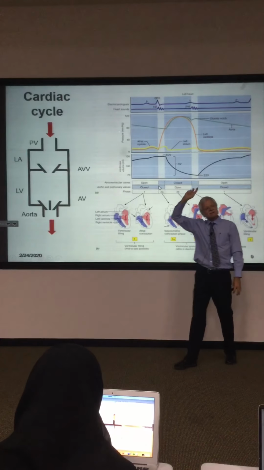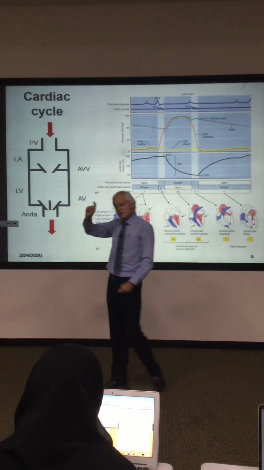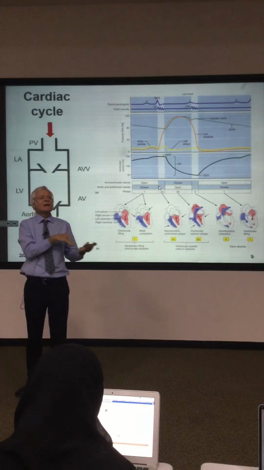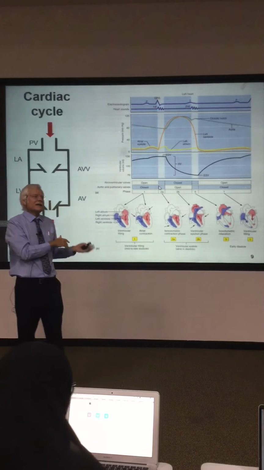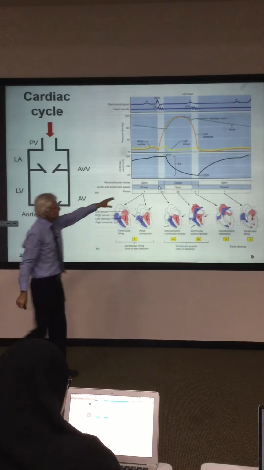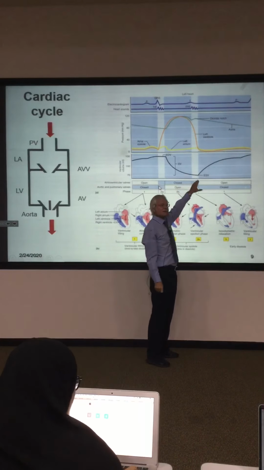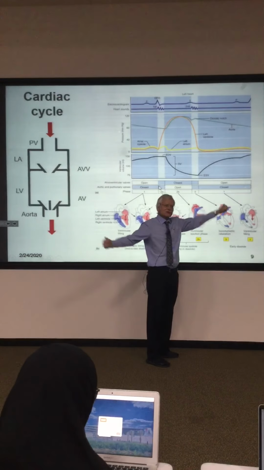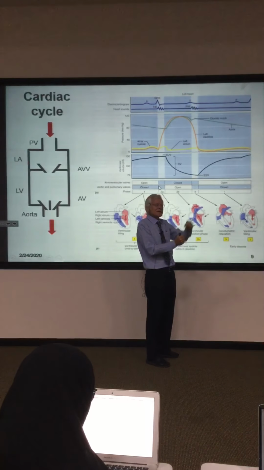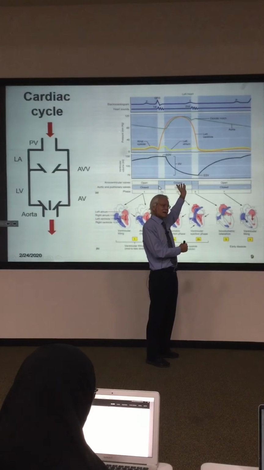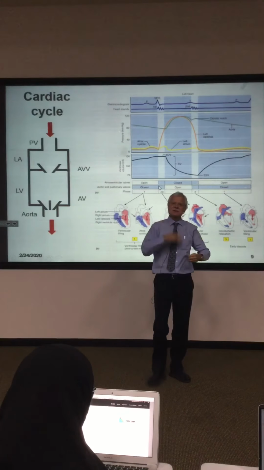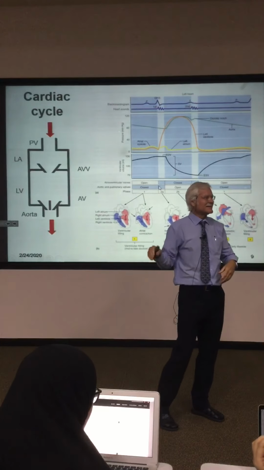So the end diastolic volume, remember, is the volume of blood after the filling stage, and the end systolic volume down here is the amount of blood that's left at the end of the contraction stage. And the difference between the two is the stroke volume, isn't it? How much blood comes out each beat. So remember that.